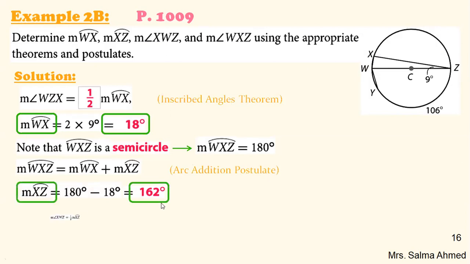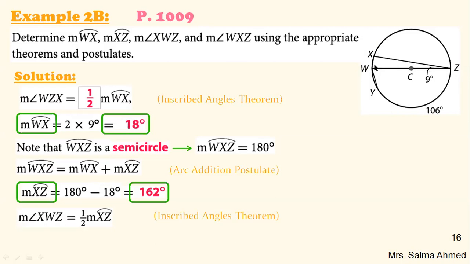Now, if I use the same inscribed angle theorem, the measure of angle XWZ, that angle, here we are, XWZ, will be half the measure of arc XZ, because this is an inscribed angle.